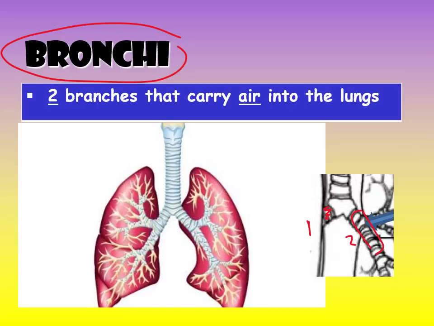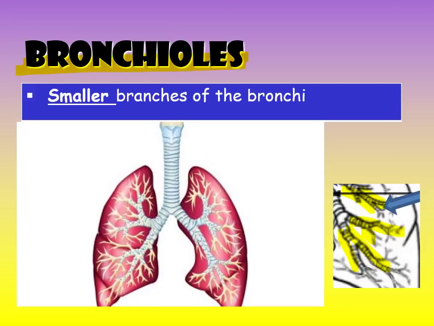You may have noticed in the clip that they talk about how at the bottom of the trachea, here's the trachea, that it splits into 2 tubes, one for each lung, and those 2 main tubes are called the bronchi. So those bronchi then branch into smaller branches. Those smaller branches are called the bronchioles.